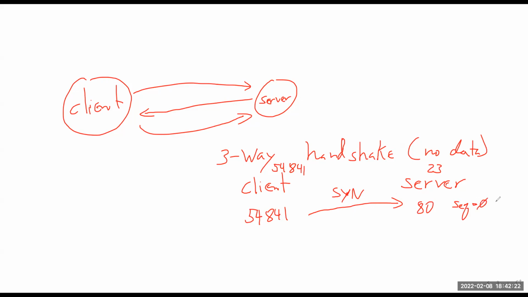This is relative. I don't know the actual, because it would be a pseudo-random, really large number. But relatively speaking, it's going to be 0. Does that make sense so far? Okay. And then ACK number, there's nothing here because it just started, so it's probably null or something like that.